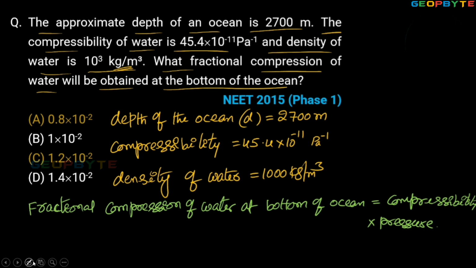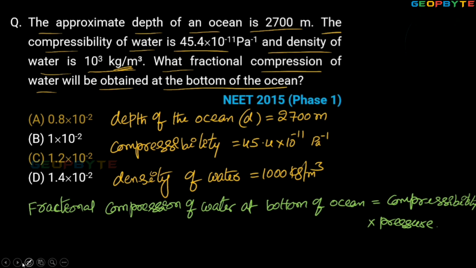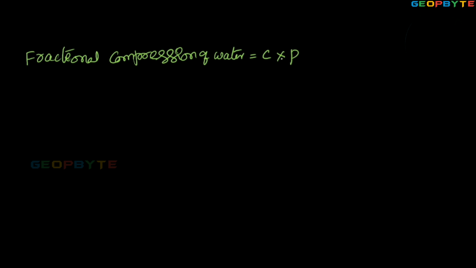So the fractional compression of water is compressibility C into pressure P, equal to what? Rho of water into g into depth of the water.